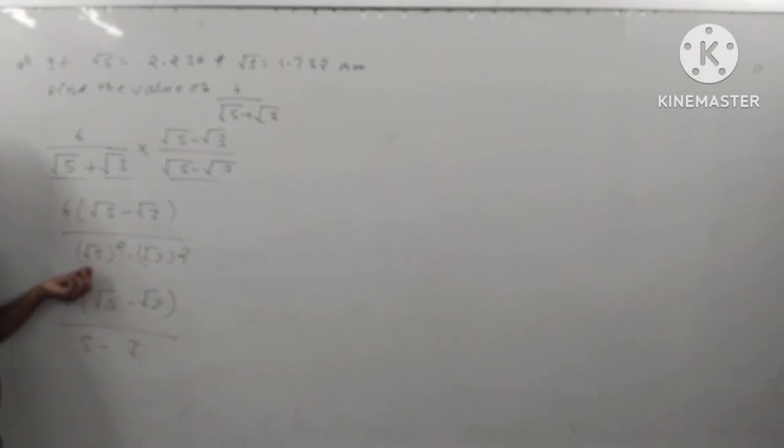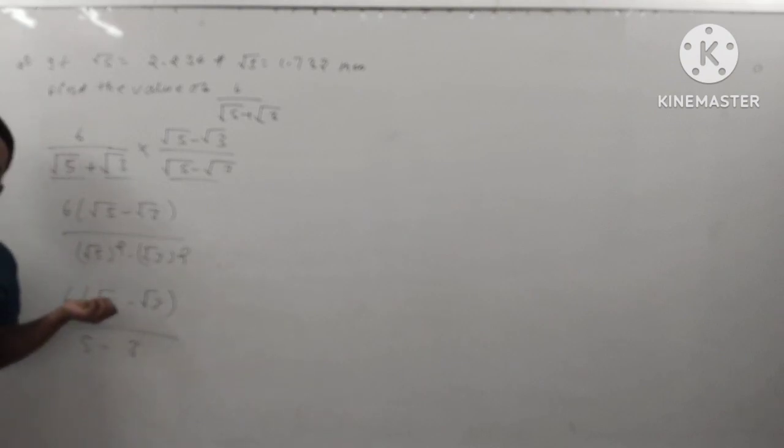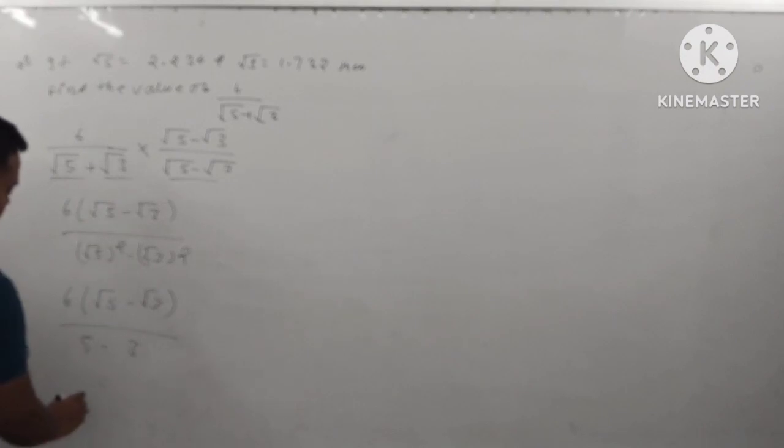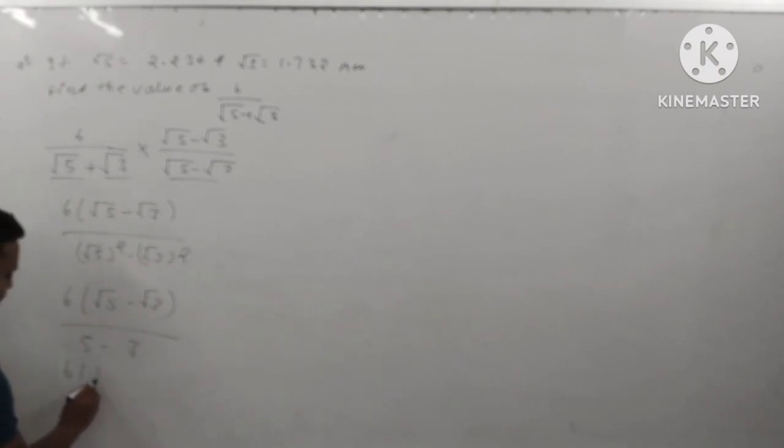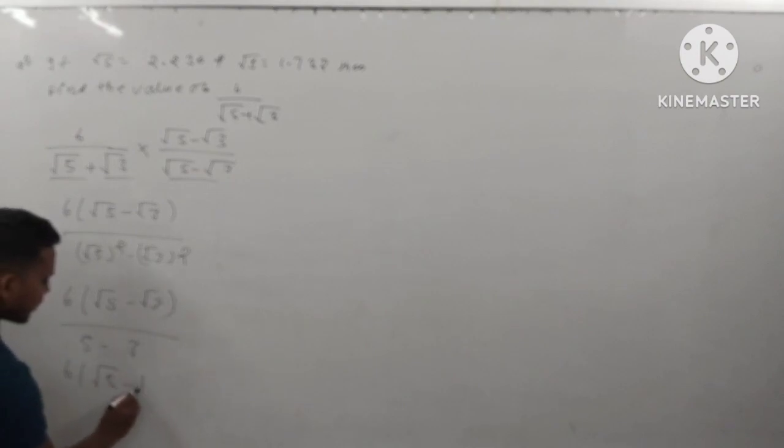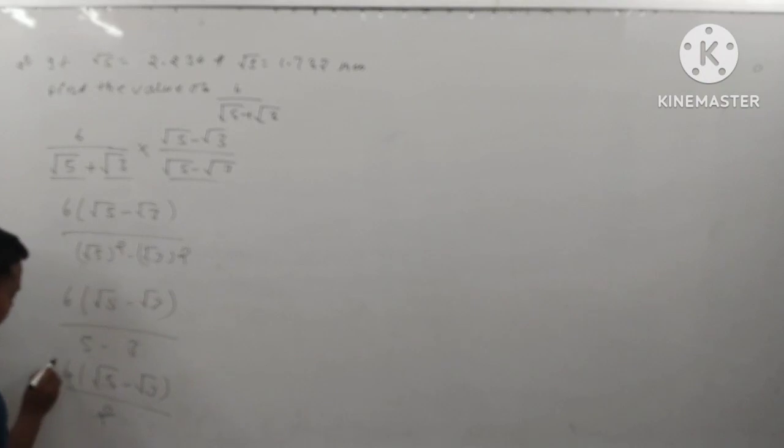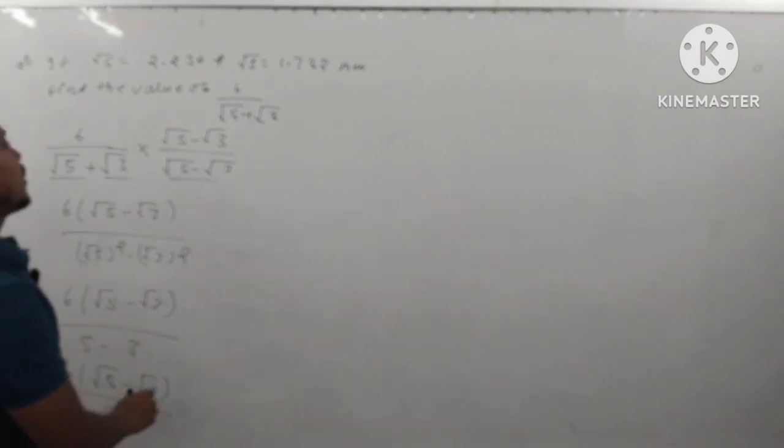Since the square of under root 5 is equal to 5, and the same for root 3, okay. Now this term is written as 6 into under root 5 minus under root 3 divided by 2. 2 threes are 6, okay.